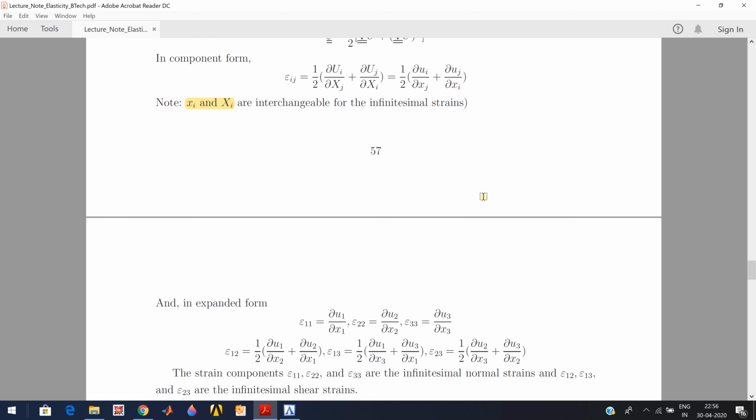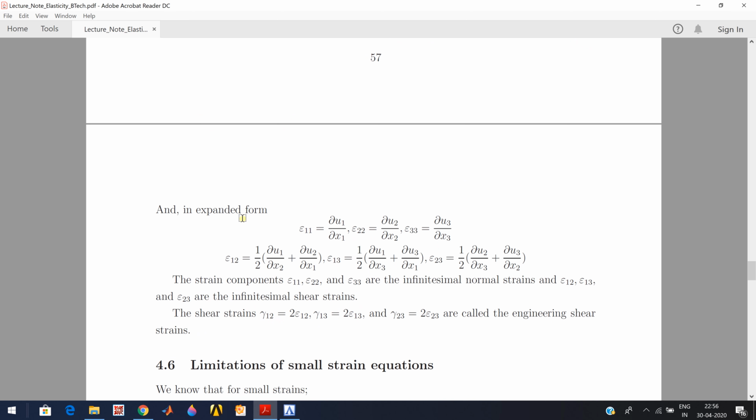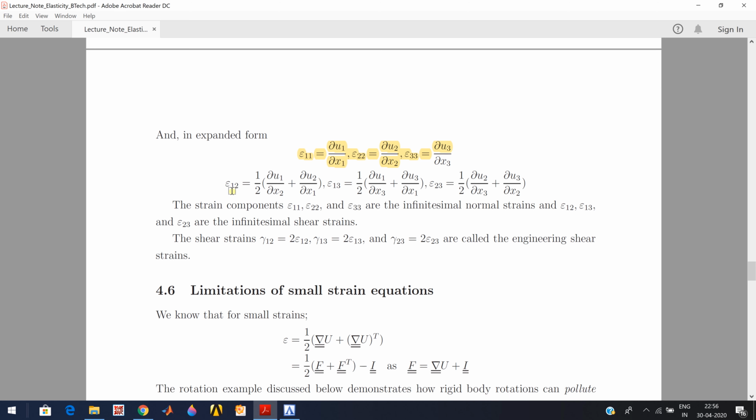Okay, so in expanded form, this will be the definition of normal strain components: epsilon 1 1, epsilon 2 2, and epsilon 3 3. They exactly match the engineering strain definition, which you might have encountered in your mechanics course. And this will be the shear strain components.